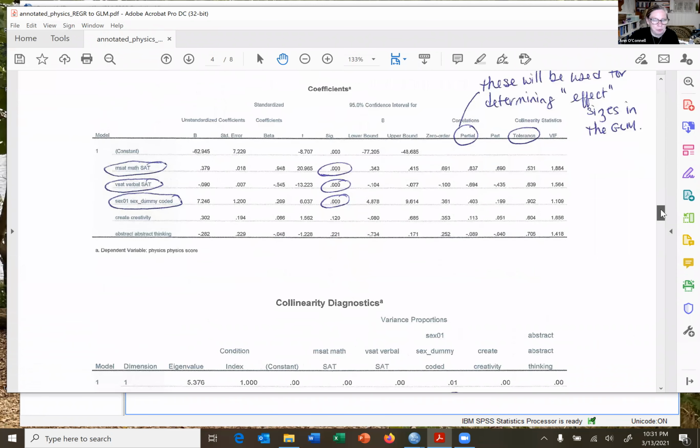In our coefficients table, we can now look at what our y-hat model will look like. This is uncentered, so we're not too worried about what the intercept looks like, but our predictions would be 0.379 times the math score plus a negative 0.09 times the verbal SAT plus 7.246 times the dummy coded sex variable.